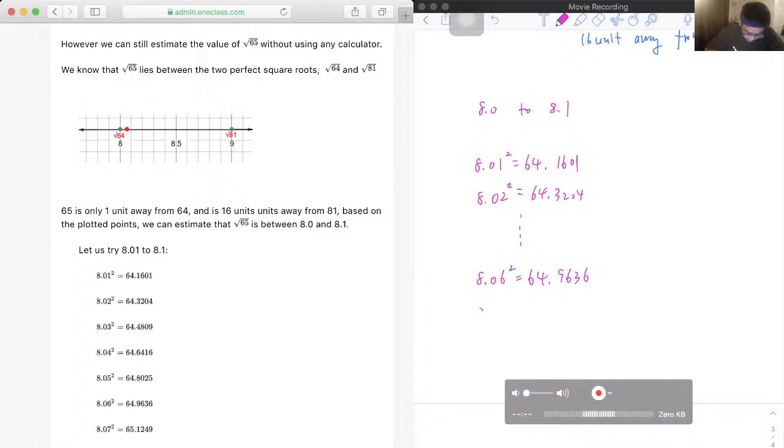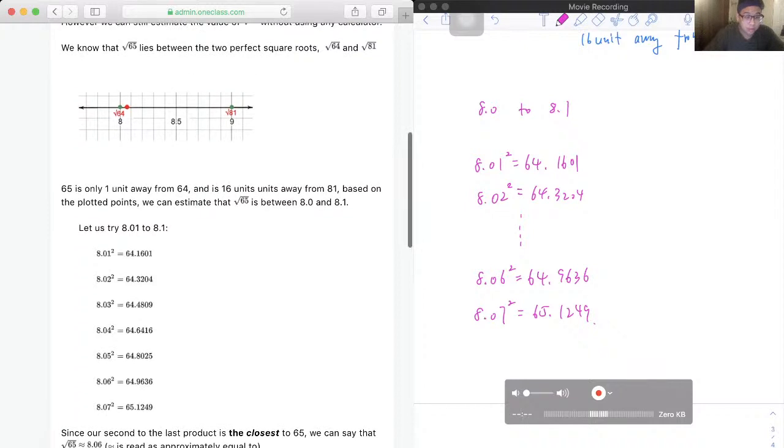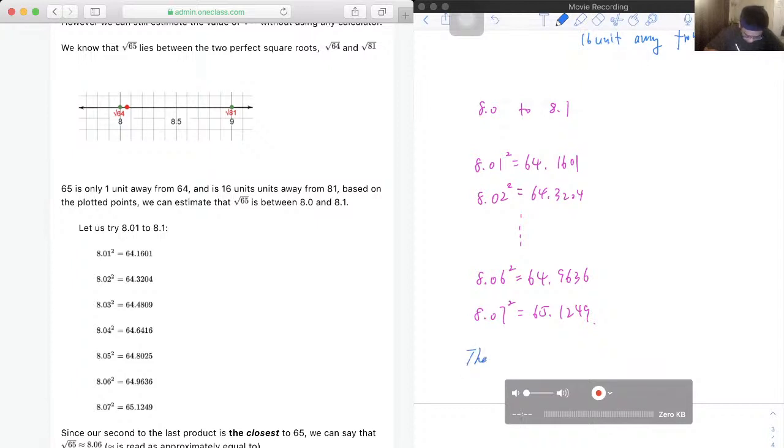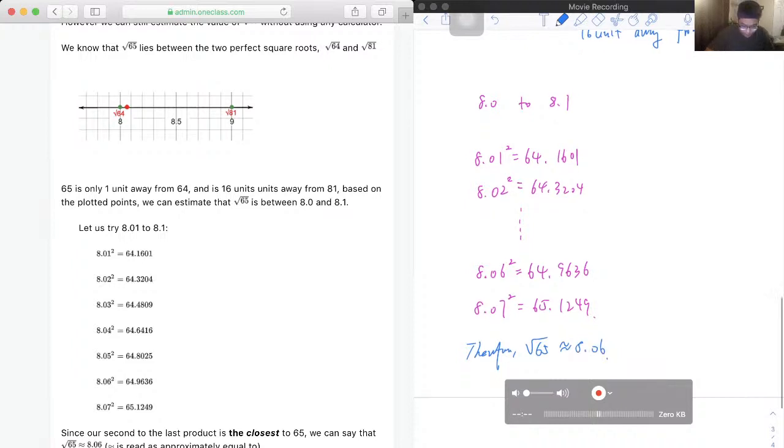And 8.07 squared is equal to 65.1249. Now we realize that our second to last product is the closest to 65, so we can conclude our answer. Therefore, root 65 is approximately equal to 8.06.